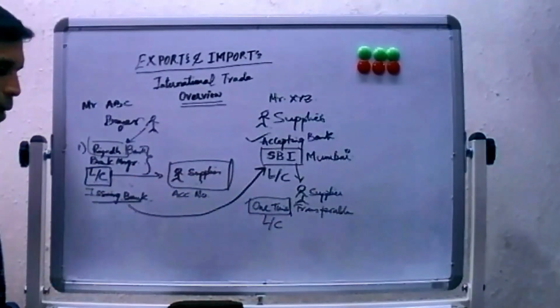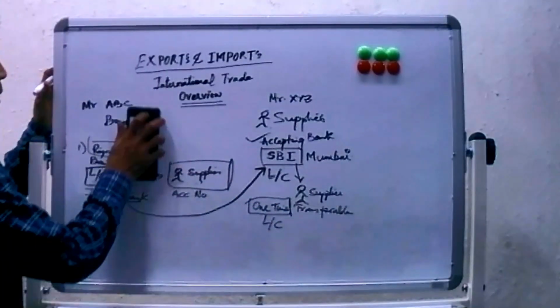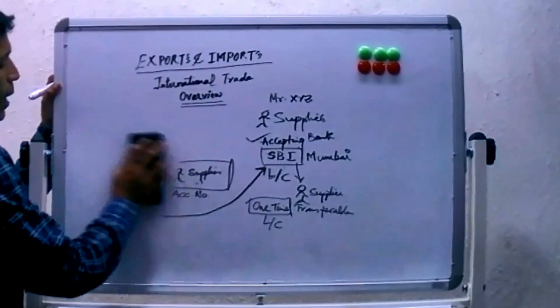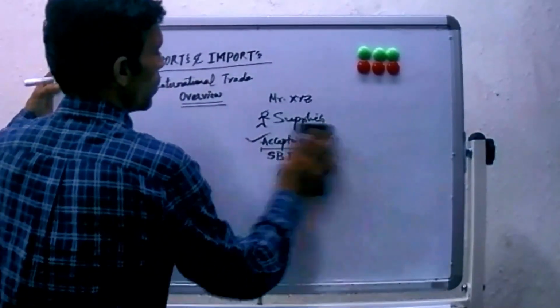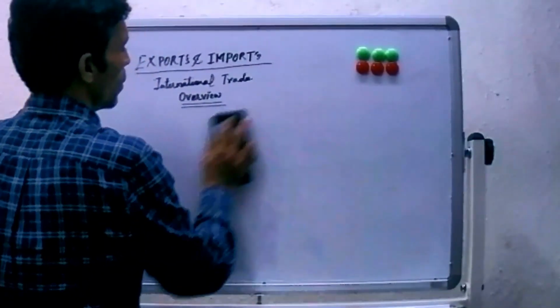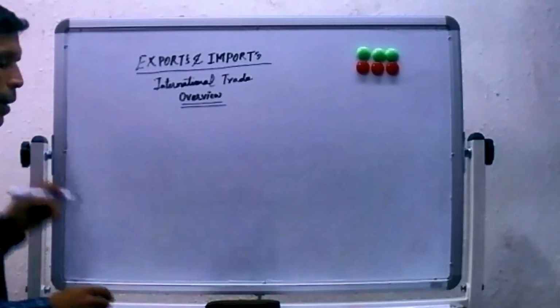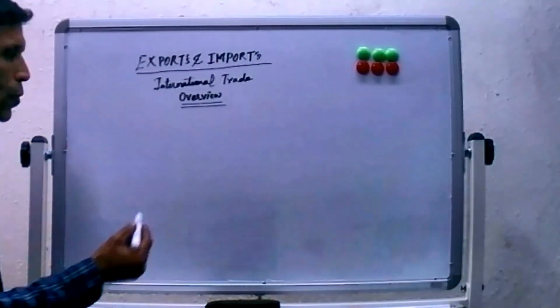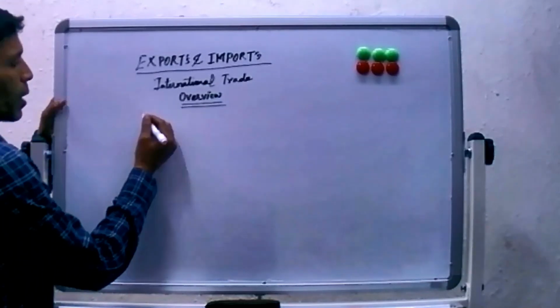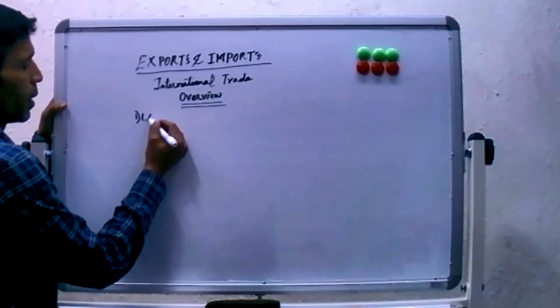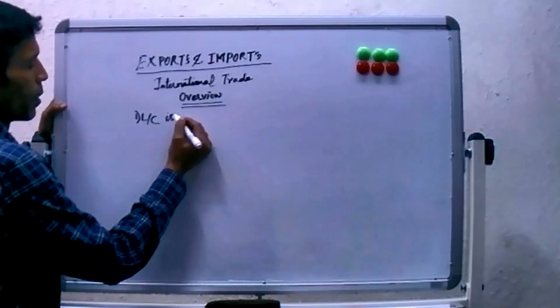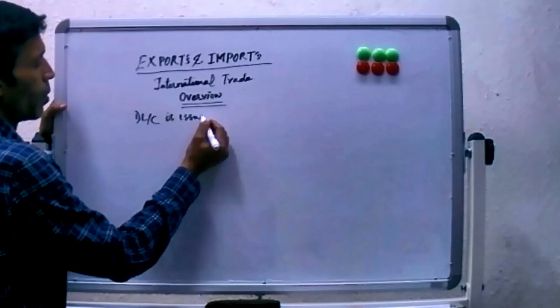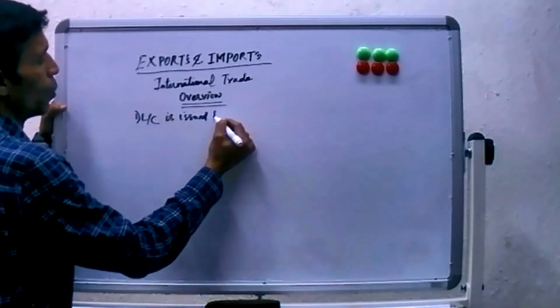The next thing is the role of the supplier. The buyer has issued the LC, so one thing is completed. The LC is issued to the supplier.